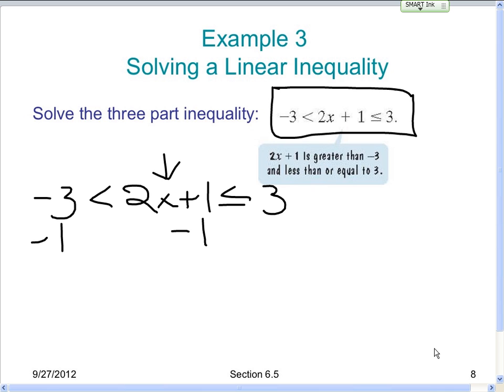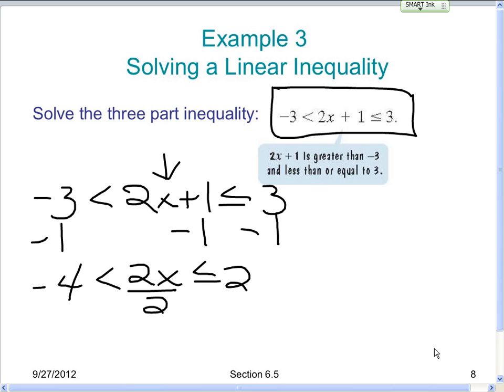So subtract 1, make sure you remember to subtract it in three different places. 2x is less than or equal to 2. Got to divide by 2 in three places. Don't forget all three places. And I end up with negative 2 is less than x is less than or equal to 1.